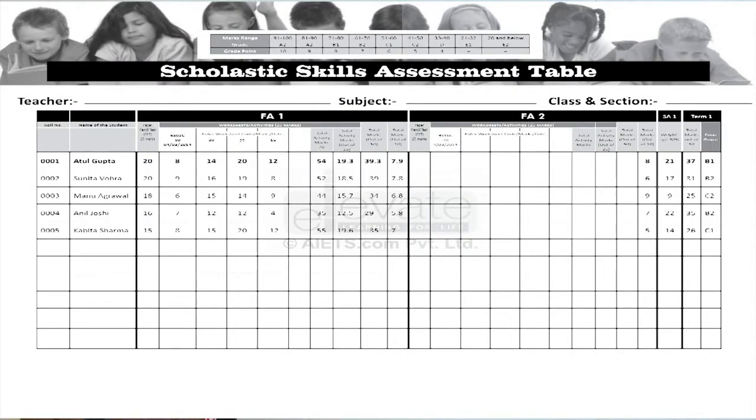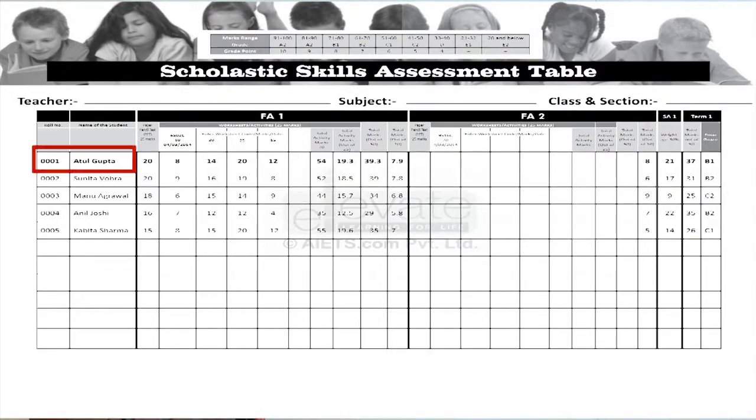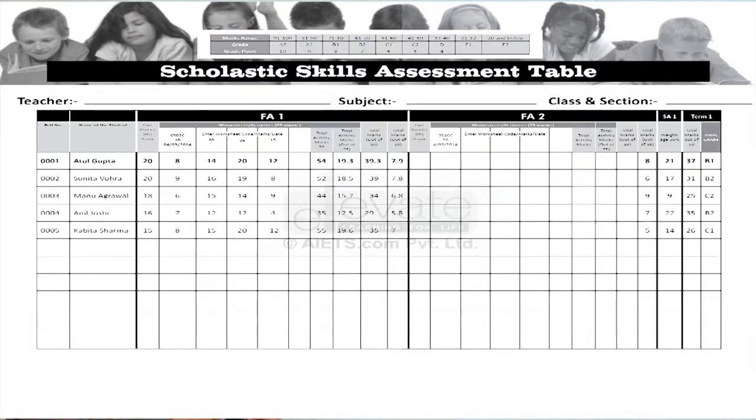In your curriculum planner, you will see this chart where you will be able to keep records of the students' scholastic domain. This is Atul Gupta here on number 1. In PPT, remember, he got 20 out of 25. In one activity, components of food, he got 8 out of 10.